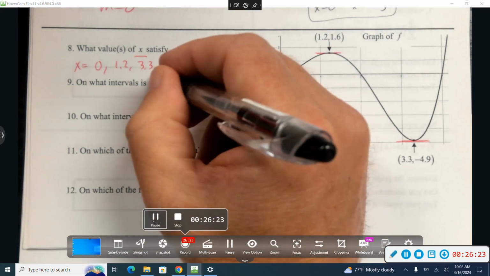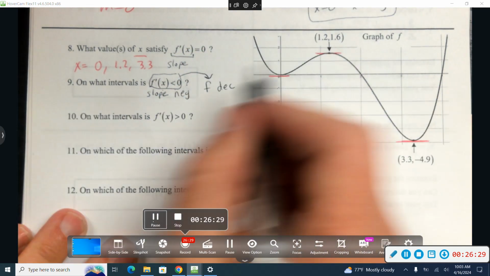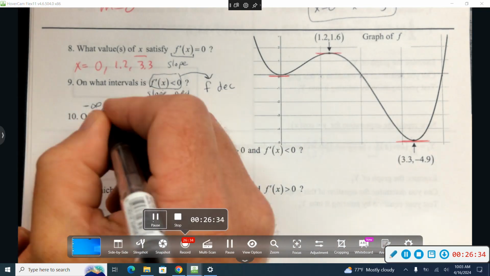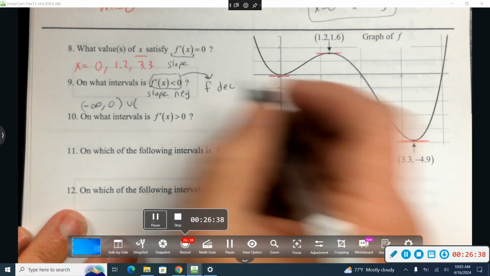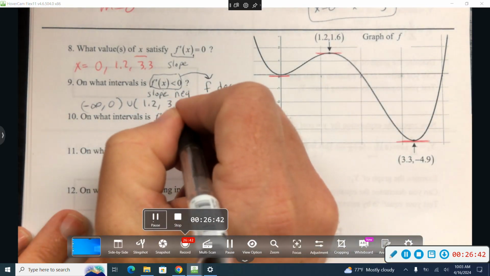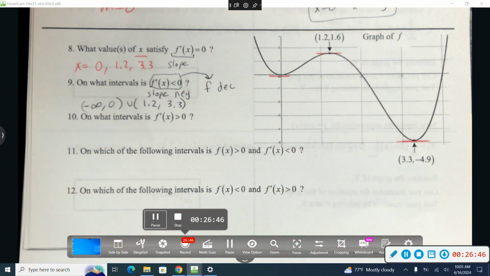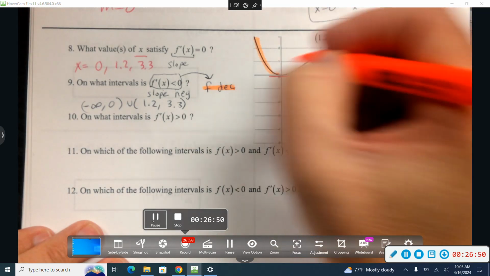So that's a fancy way to say, where is my function decreasing? Read a graph like you read a book, left to right. Negative infinity to 0, and then 1.2 to 3.3. And that's our decreasing part of the graph.